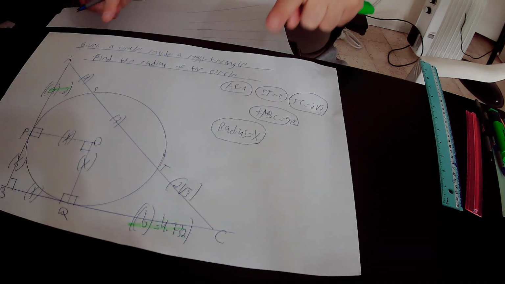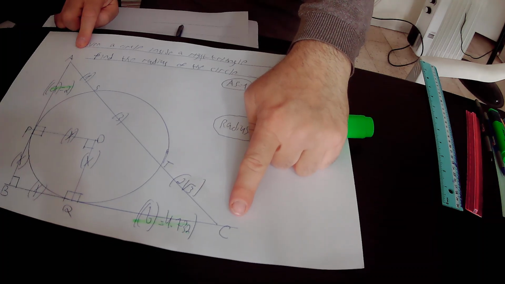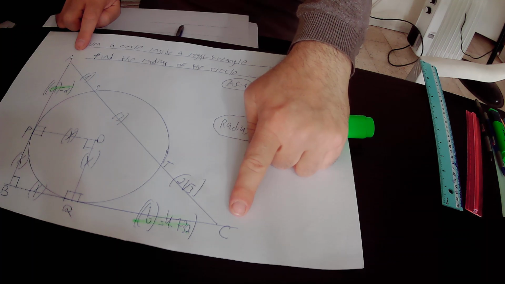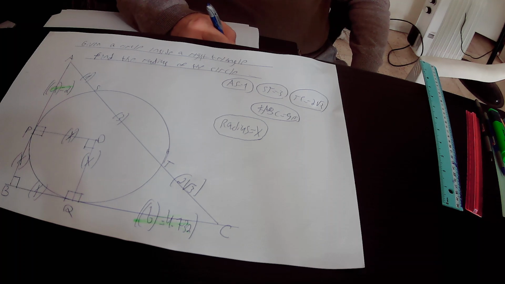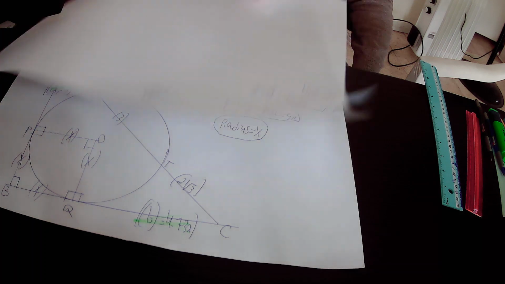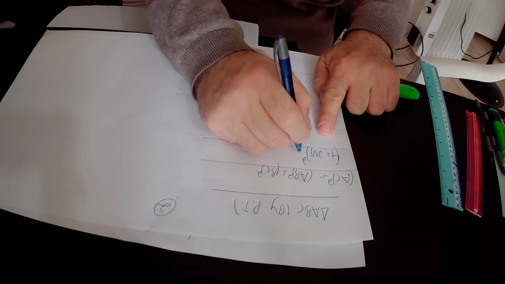What is the length of the hypotenuse AC? From the drawing, it is very easy to see that AC in total equals 1 plus 3, that is 4, plus 2 times square root of 3. So AC in total equals 4 plus 2 times square root of 3. And therefore, AC squared will be equal to 4 plus 2 times square root of 3 squared.